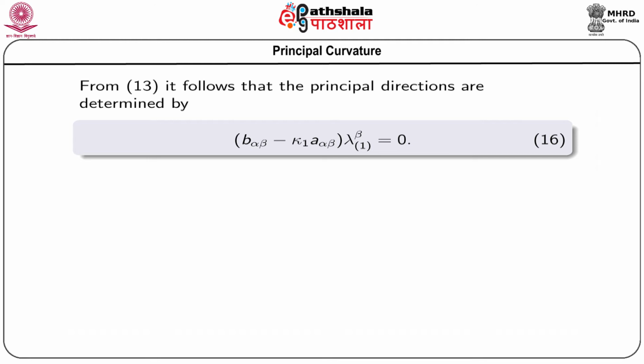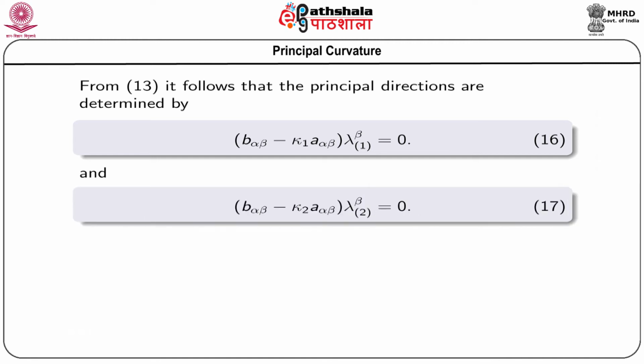This is for the principal direction for the kappa 1, and also b alpha beta minus kappa 2 a alpha beta lambda 2 beta equals to 0. This is the principal direction for the principal curvature kappa 2.